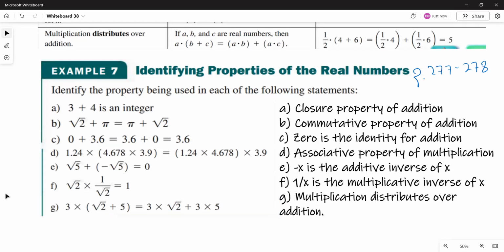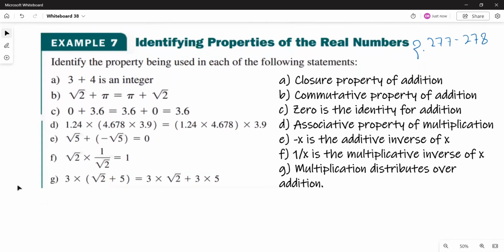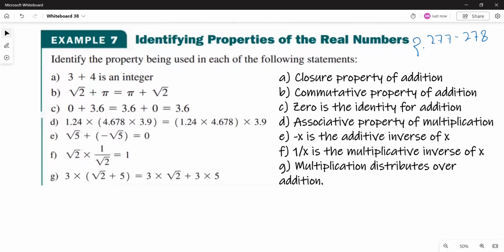Okay, so a few more examples. These are exercises on page 279.